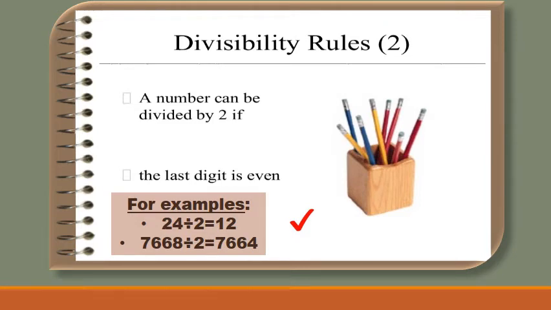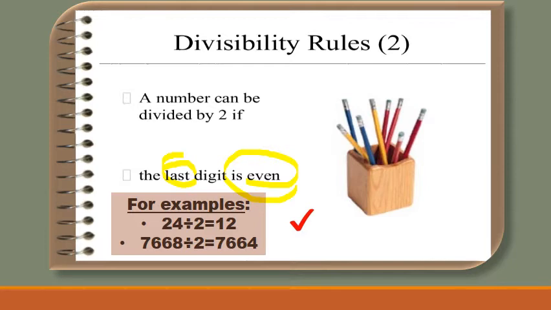Now let's start with the divisibility rule of 2. A number can be divided by 2 if the digit in the units place, or last digit, of a number is even, like 0, 2, 4, 6, 8.